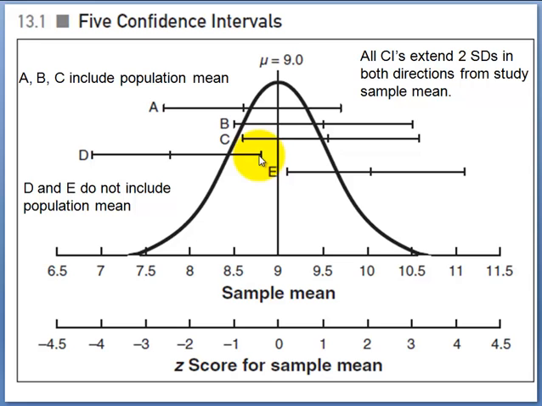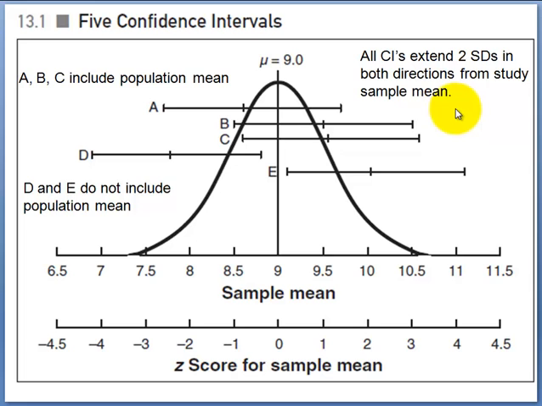That range does not include 9. So this is one of the 5% of intervals that misses, so to speak, the population mean. And similarly, E looks like it spans from about 9.1 to 11.1, and similarly, it does not include the population mean.